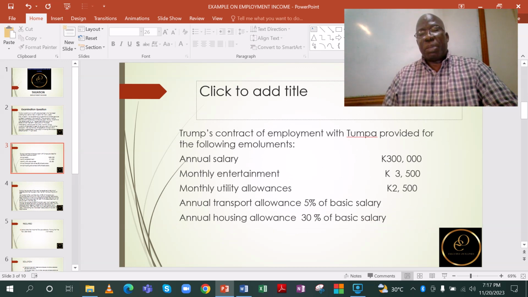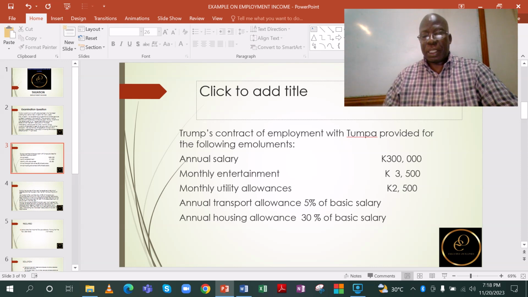Trump's contract of employment with Tumpa provided for the following emoluments: annual salary 300,000 kwacha, monthly entertainment 3,500 Zambian kwacha, monthly utility allowance 2,500 Zambian kwacha, annual transport allowance 5% of basic salary, annual housing allowance 30% of basic salary.